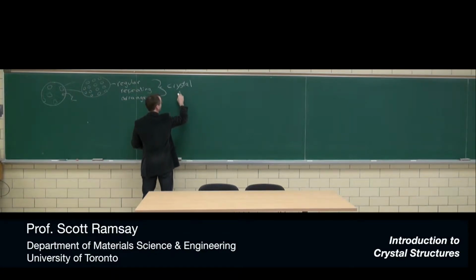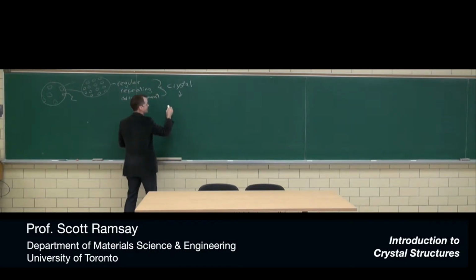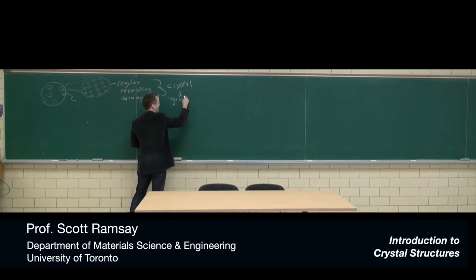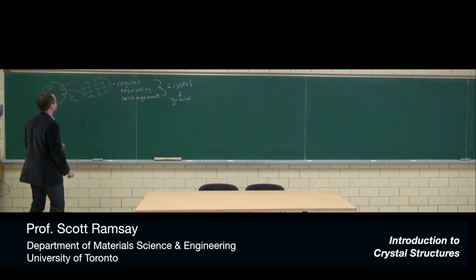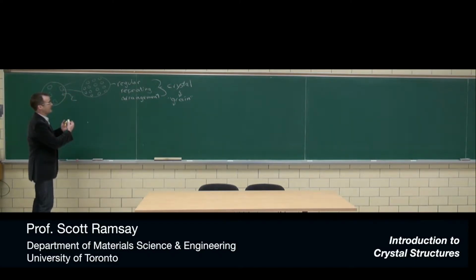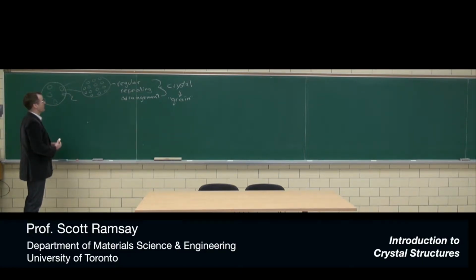Often in material science, the word that we use instead of crystal is grain, but really they're synonymous. Okay? So we know that atoms in a solid may form in a regular repeating arrangement as crystals. They don't have to. Glasses are amorphous, and we'll cover that in another video. But if they do form a crystal, there's a regular repeating arrangement to it.